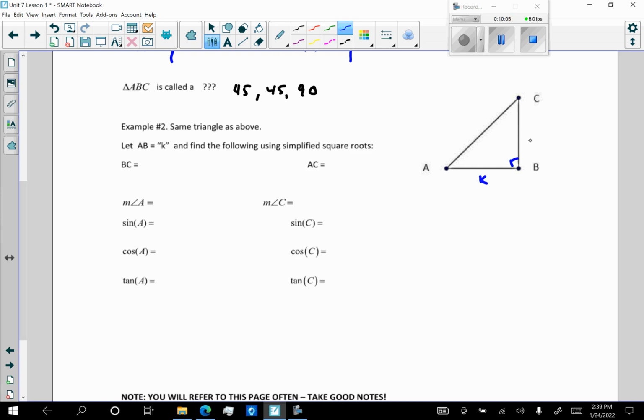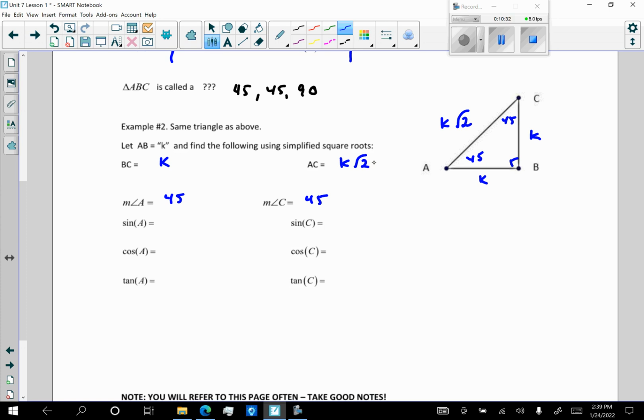But now I have this guy is K, this guy is K. This is going to be K square root of 2 because it's a 45, 45, 90 again. And look at this. Both of these are 45, 45. BC is equal to K. AC is equal to K square root of 2.